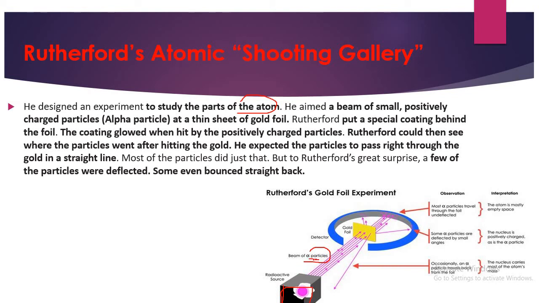Alpha particles contain a positive charge. So he used a radioactive source that emits alpha particles, which are made of positive charge, toward the gold foil.